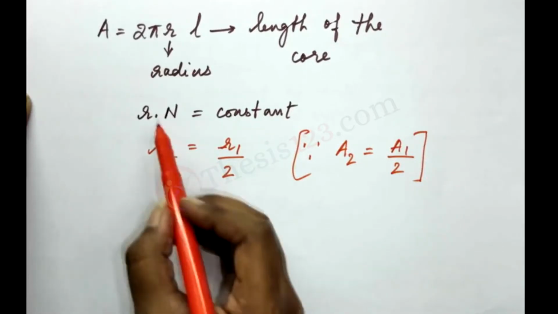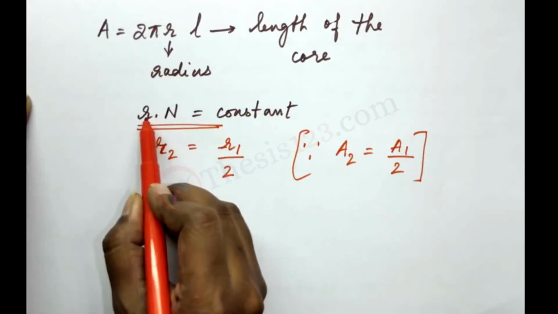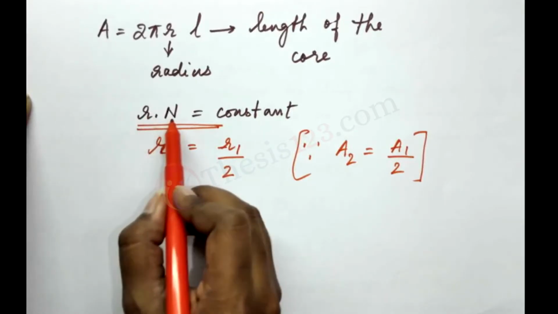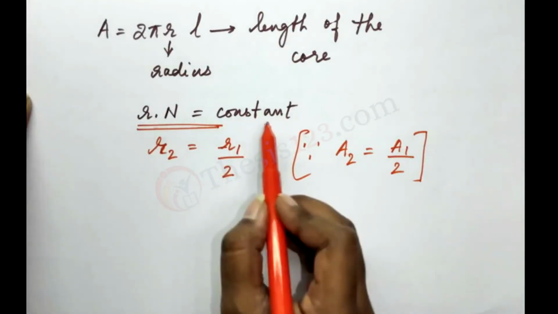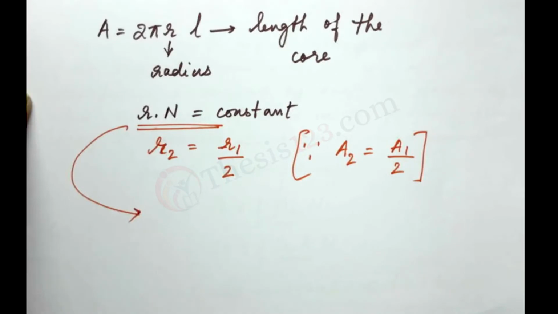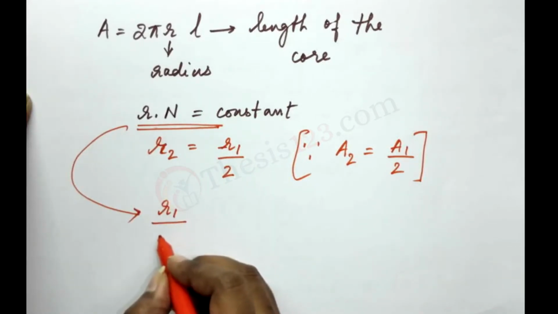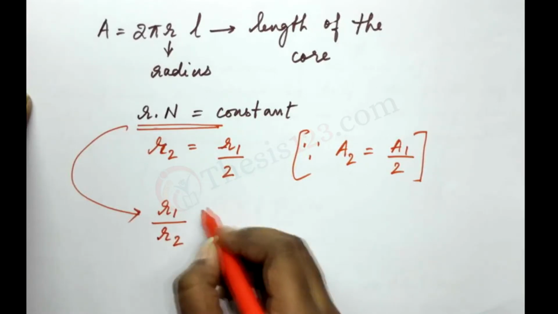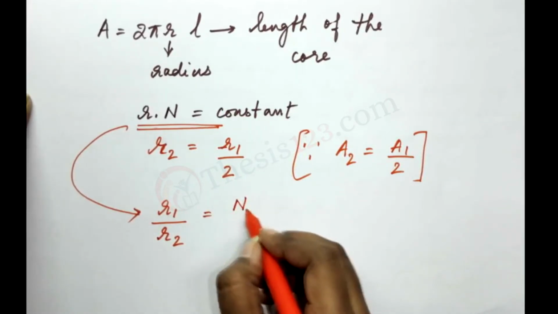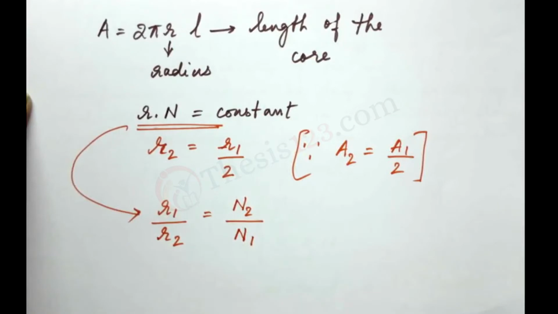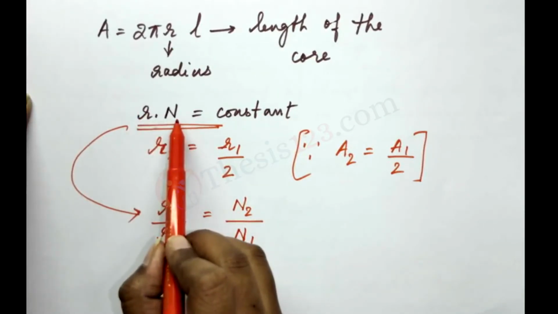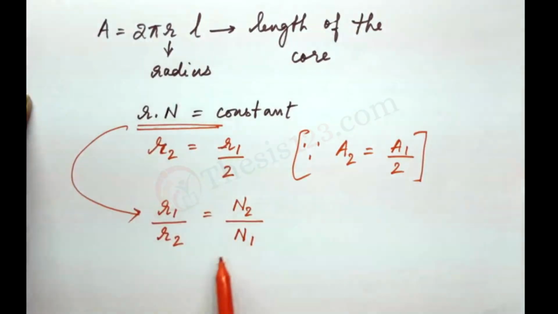Now using this expression here, the radius times the number of turns is constant. So using this we can write down the proportion. R1 by R2 is equal to N2 by N1. This is the expression we get. R1 times N1 equals R2 times N2.